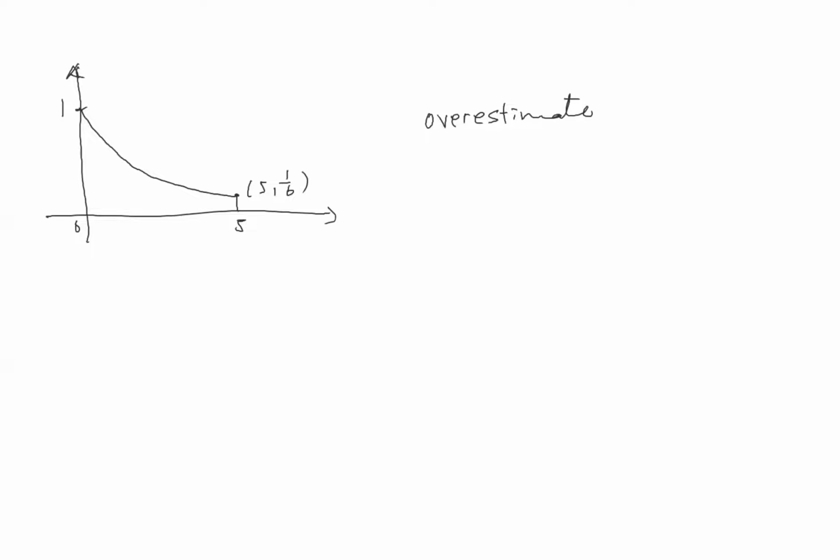Okay, I'll give you the hint: trapezium. Trapezium. Do you know what a trapezium is? From the point 1, join to the point 5 and 1/6 using a straight line.